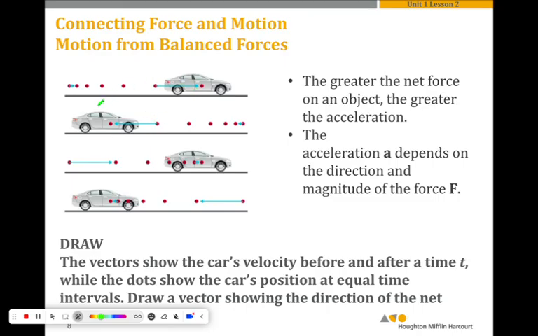Okay, so the car started with this small blue vector, and at equal time intervals, that vector increased to time t. So the net force for the car is in this direction.